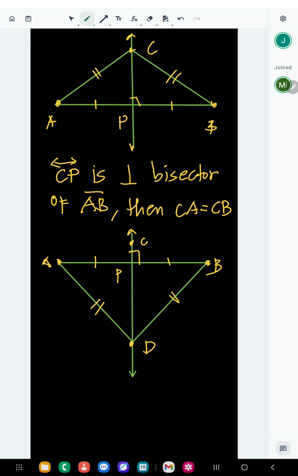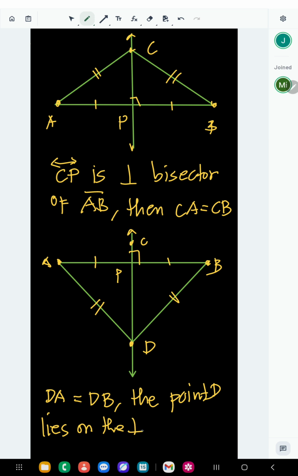So in a plane, if a point is equidistant from the endpoints of a segment, then it lies on the perpendicular bisector of the segment. So if DA, this one, is equal to DB, then point D lies on the perpendicular bisector of side AB or segment AB.